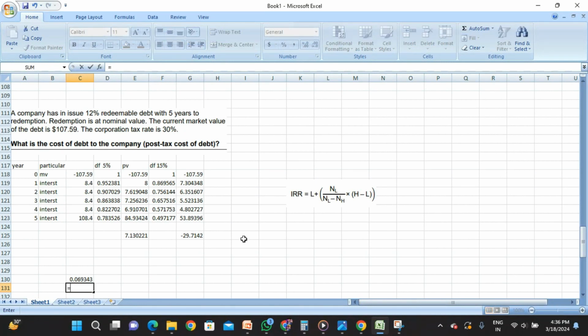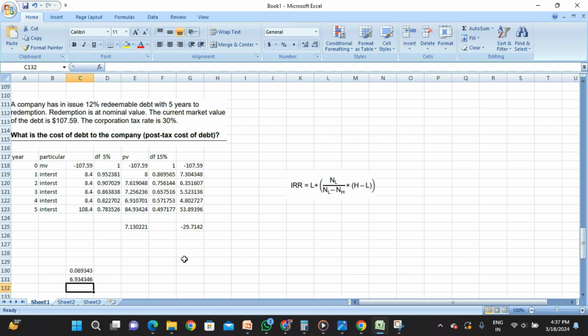We get 0.06. The answer will be into 100. We get 6.93%. Always remember, keep the answer up to 2 decimals. So the answer will be 6.94%.